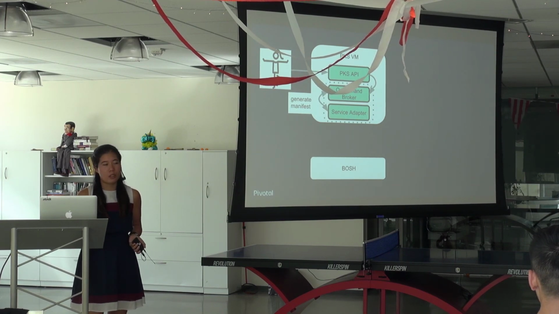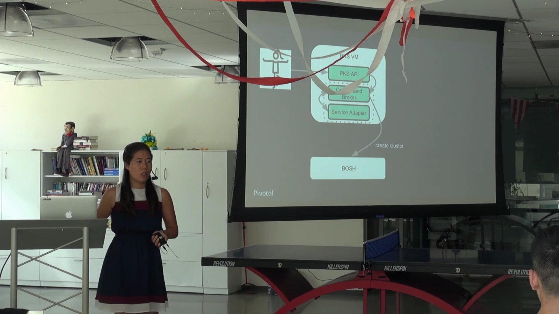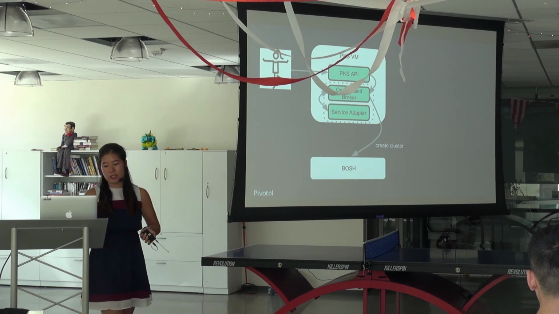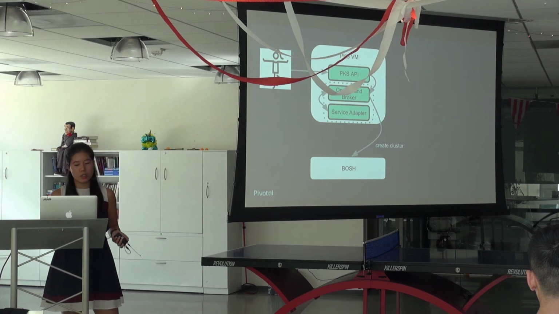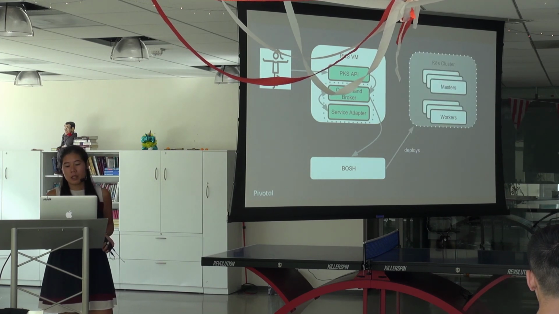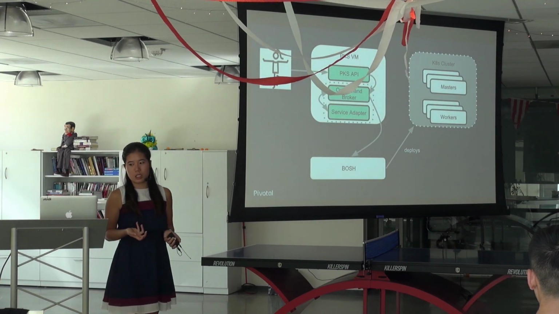The service adapter passes the information back, and the On-demand broker can then use that manifest to deploy with BOSH. It passes the manifest along to BOSH and says, I want you to deploy this Kubernetes cluster. BOSH goes ahead and deploys it, and you can do that for, again, multiple clusters.